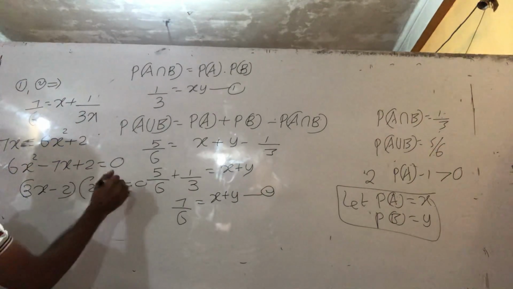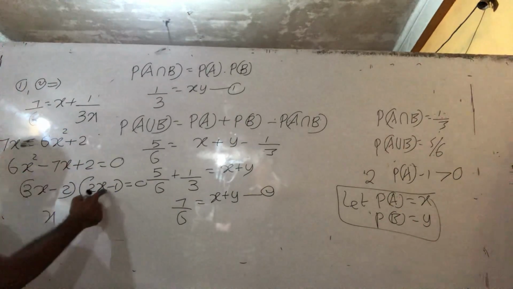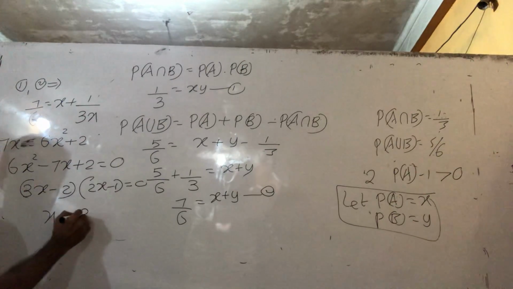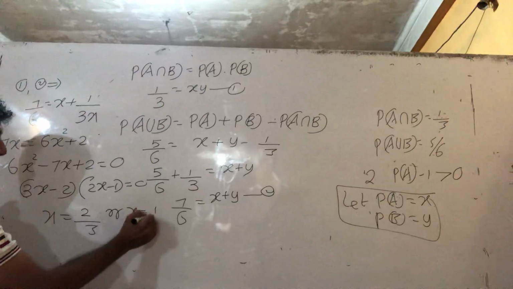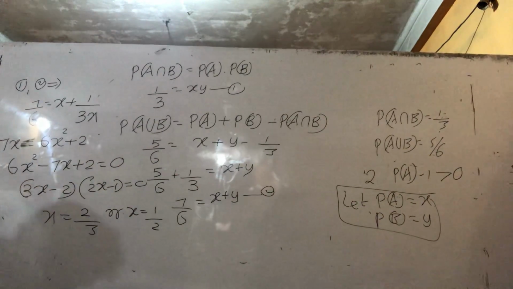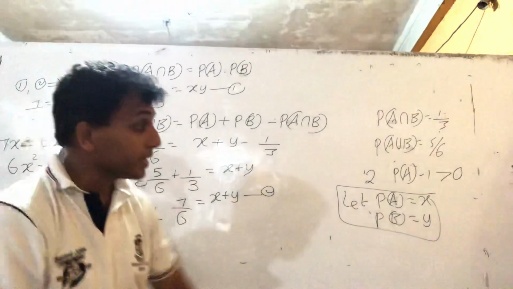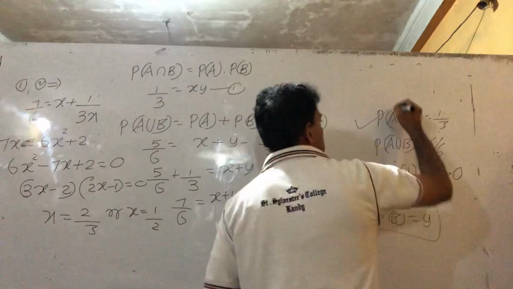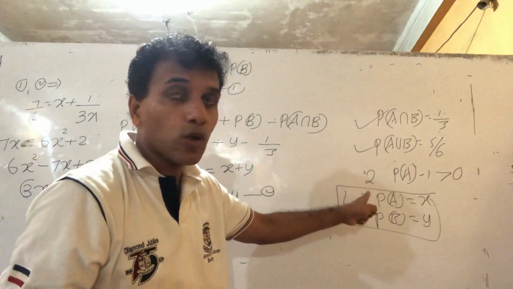Check: 6x squared minus 3x minus 4x plus 2. So x equals 2/3 or x equals half. Then you have to decide which value is suitable. They said this given is considered, here they gave an inequality.